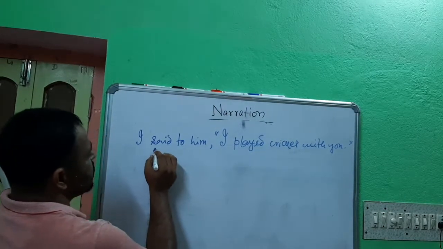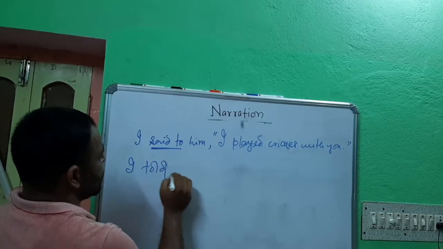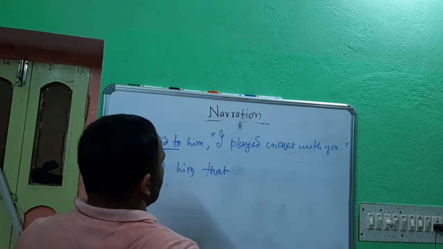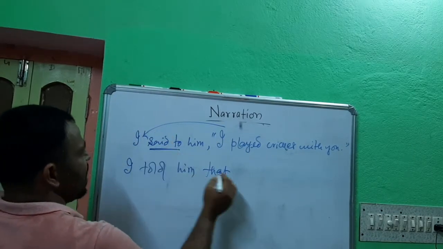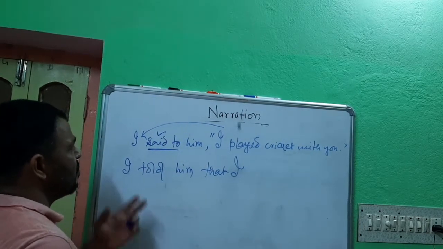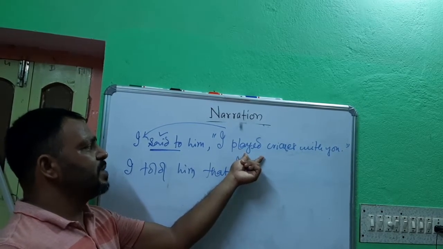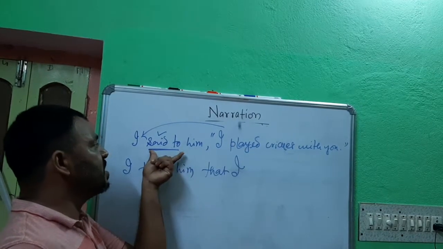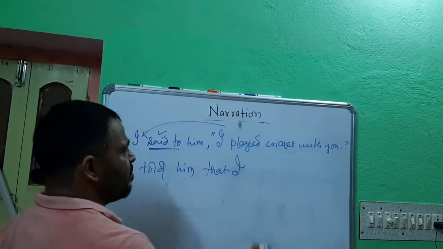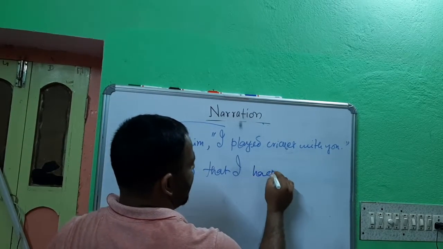So according to the rules, said to is converted to told, then him and that. I means the speaker, so it will be I. As the reporting verb and the verb of the reported speech are both in past tense, the verb must change to past perfect. That means I had played.